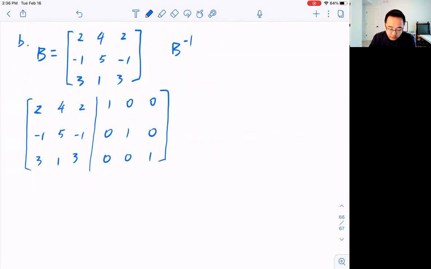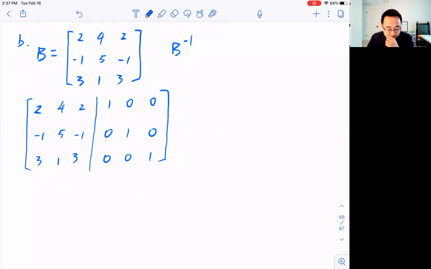Again, your goal is to turn this side into the identity matrix, but do exactly the same row operations on this side, and whatever the right side becomes is your inverse.